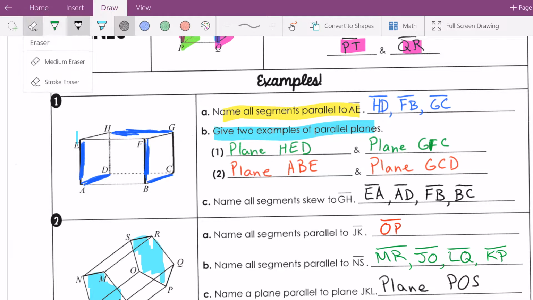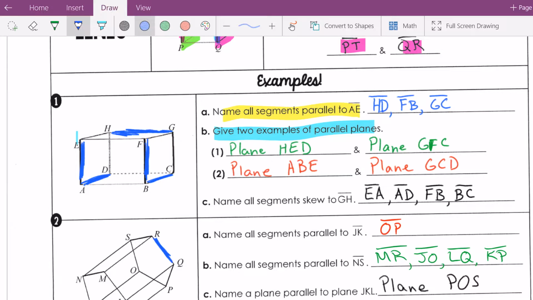Alright, then that takes us to the last part on this problem, and it names 4 segments skew to RQ. Alright, we can actually do all of them on here, but just 4 is what they were asking for, so RQ's here. So, needs to be going in different directions and will not be on the same plane. Okay. So that eliminates anything on this pentagon. So we're not worried about anything there.